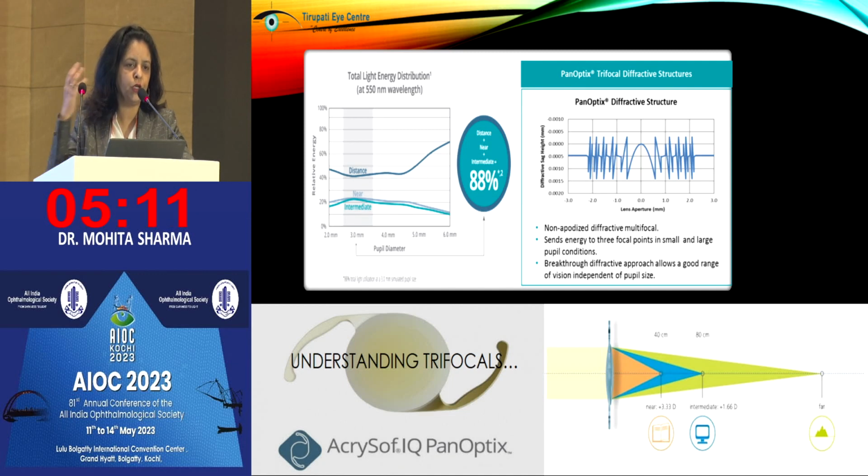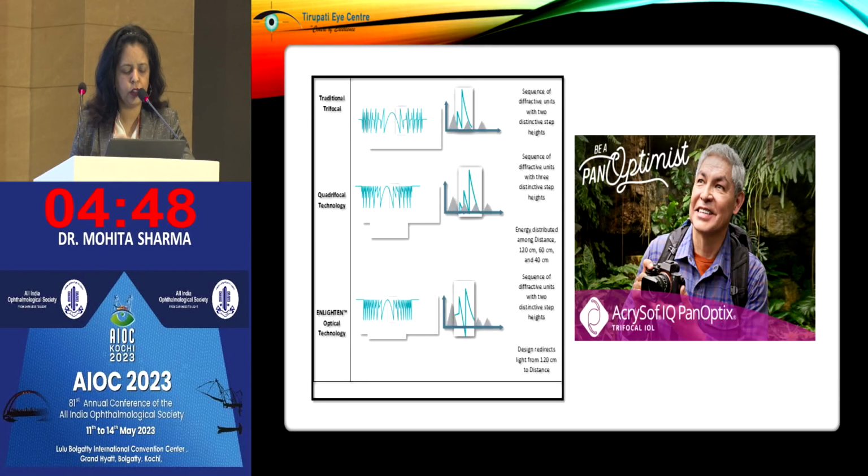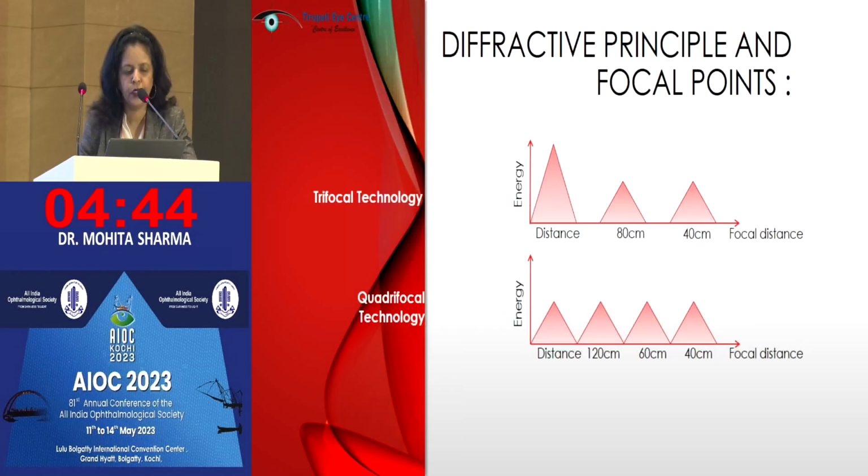One part goes for distance, so that there's a better contrast for distance, and the other part goes to intermediate, and it shifts the intermediate from around 80 centimeters to around 60 centimeters, because this is considered a more functional intermediate vision. So instead of 80, 60 is a better suited intermediate. So that's the principle of this lens. As I said, this is called Enlighten optical technology.